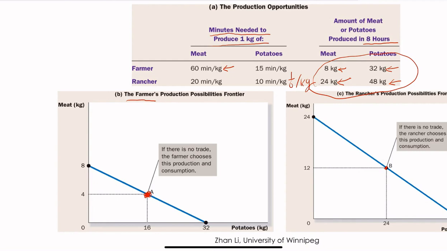The reason is because specialization is determined by comparative advantage. It's not determined by absolute advantage. I know I have not talked about these two kinds of concepts here. However, I just want to give you this preview of what we will talk about in the next class. That is, how we should determine specialization, right?